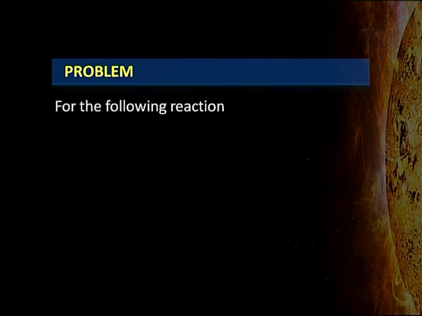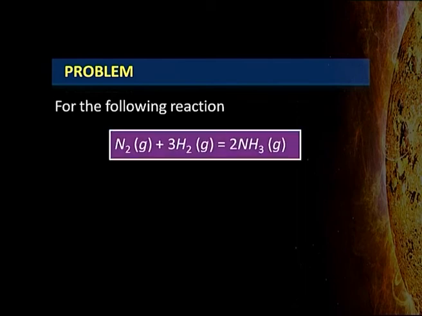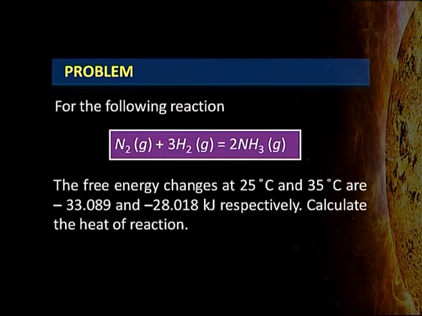For the following reaction, N2 gaseous plus 3H2 gaseous giving 2 NH3 gaseous, the free energy changes at 25 degrees Celsius and 35 degrees Celsius are minus 33.089 and minus 28.018 kilojoules respectively. Calculate the heat of reaction.